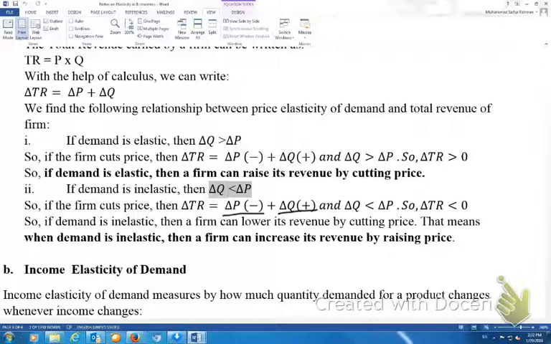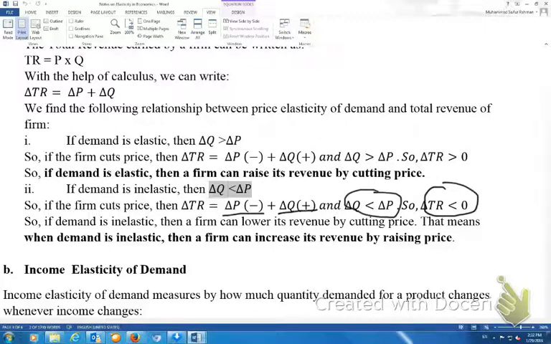But since delta P is now greater than delta Q, our change in total revenue is going to be negative, which means that when demand is inelastic, a cut in price reduces revenue. So we can therefore argue that whenever demand is inelastic, a firm can increase its revenue by raising price. A very important point.